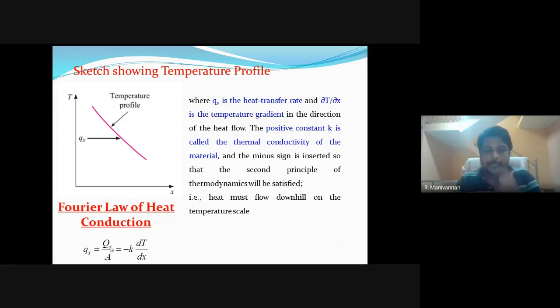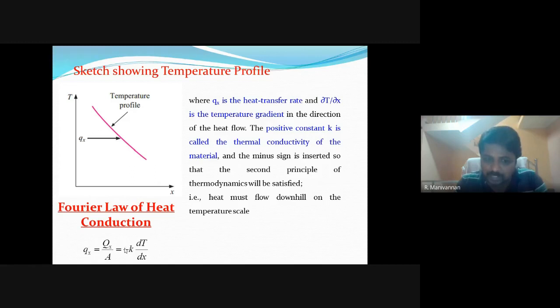Now in this equation, the capital Q suffix x is taken as the rate of heat transfer. Rate of heat transfer per unit area is called the heat flux, which is given by the small q suffix x. So this is equal to minus k into dT by dx. What is this k? This k is called the thermal conductivity of the material, denoted by the symbol small k.